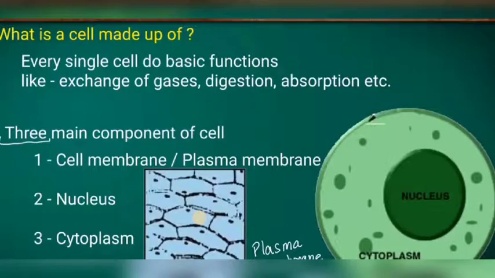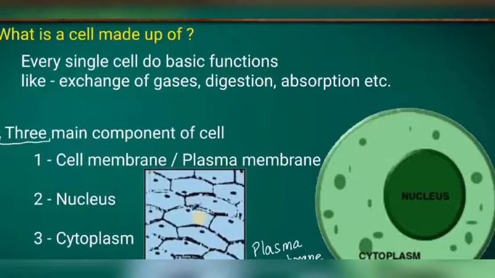Here you can see in the figure, the greenish one, a thick layer, we consider as the cell membrane, and it is also known as the plasma membrane. In the plant cell, the cell membrane is also surrounded by the cell wall, while in animals there is only the plasma membrane. They do not possess a cell wall.